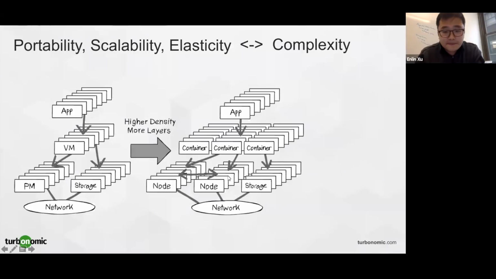So my name is Meng. I'm a software engineer with Turbonomic. As Elena just said, in a container world, assuring performance and maximizing resource utilization is a very difficult problem. It's a hard problem.